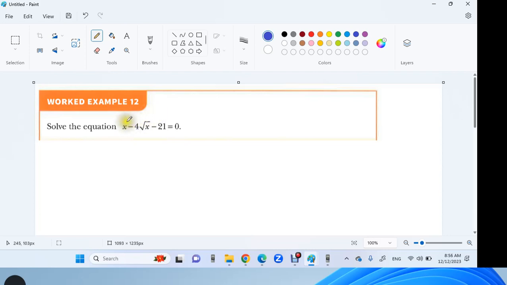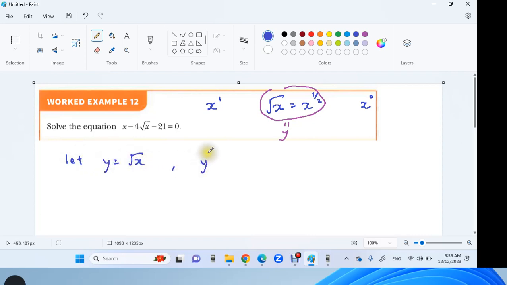This one is x power 1, and this one is square root x, which is x power 1 over 2. And this one doesn't have x, so that is x power 0. So we let this as 1. We let y equal to square root x. Then y squared will be square root x squared, that is x.